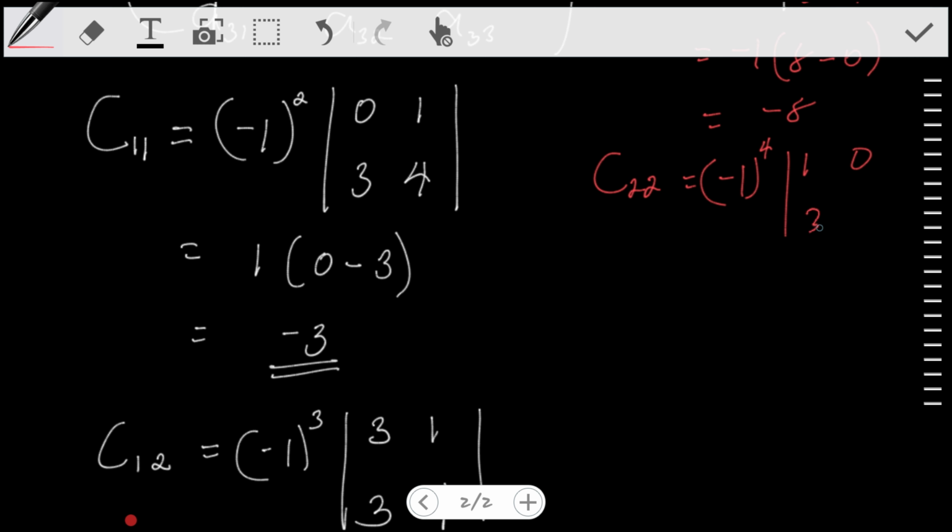So here, negative 1 to power 4 gives 1, into 1 times 4, which is 4, minus 3 times 0, which is 0. So my cofactor in this case is 1 times 4, which is 4.